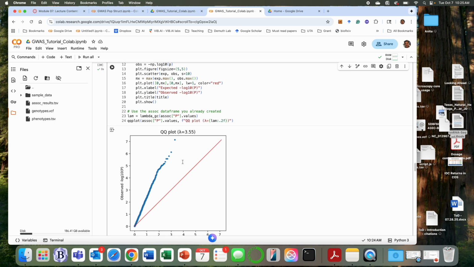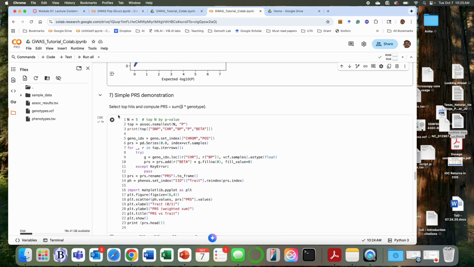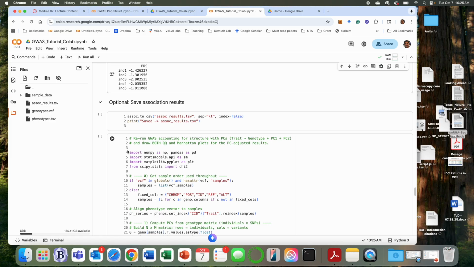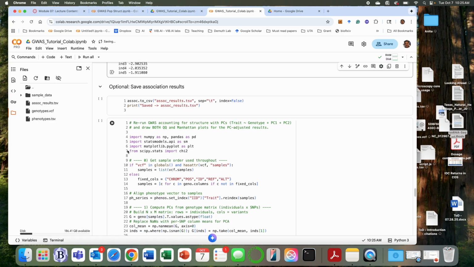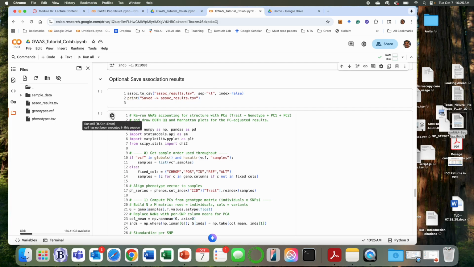So anyway, all of the p-values are higher than expected here. That can't be true. And so the first thing that you would probably want to test, the PRS doesn't really matter because we know there's something going wrong here. The cell at the bottom that we just pasted in is going to rerun the GWAS, accounting for population substructure.